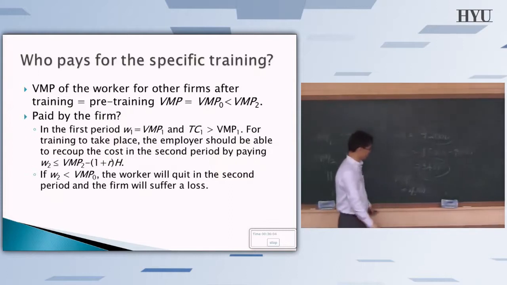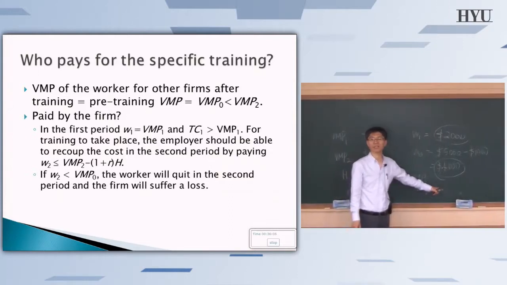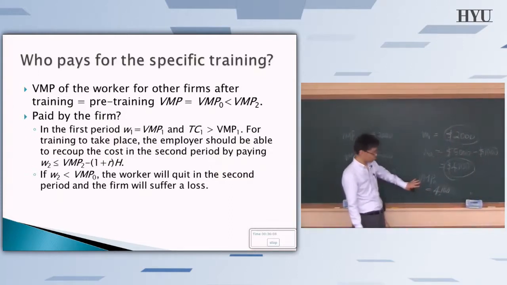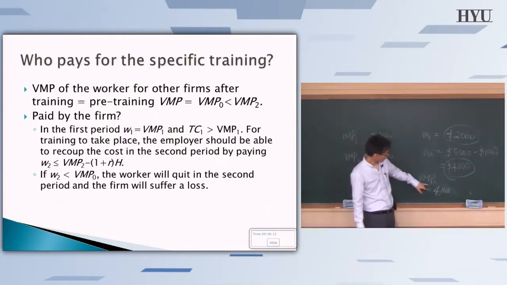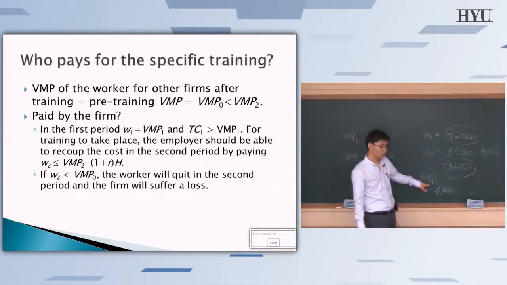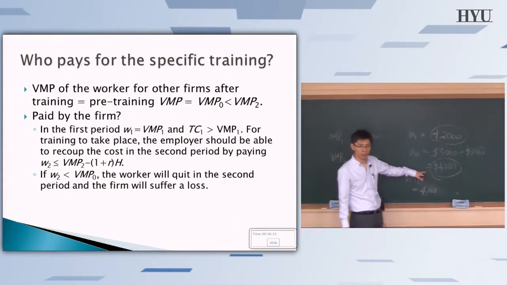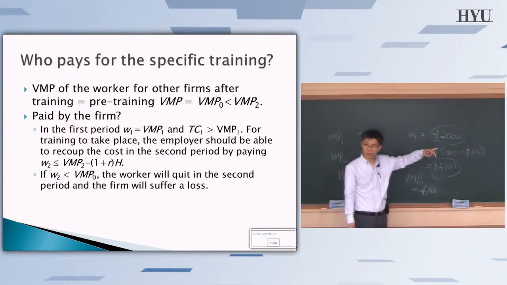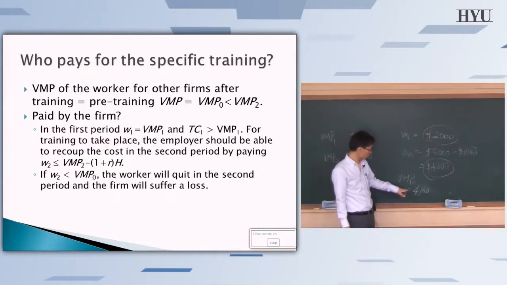Okay, that means the firm, let's say, for example, actually it's not a very good example, but just for the sake of this case, let's say BMP 0 is $4,100. Okay, that means if this worker rejects $4,000 and goes to another firm, the worker will get $4,100.